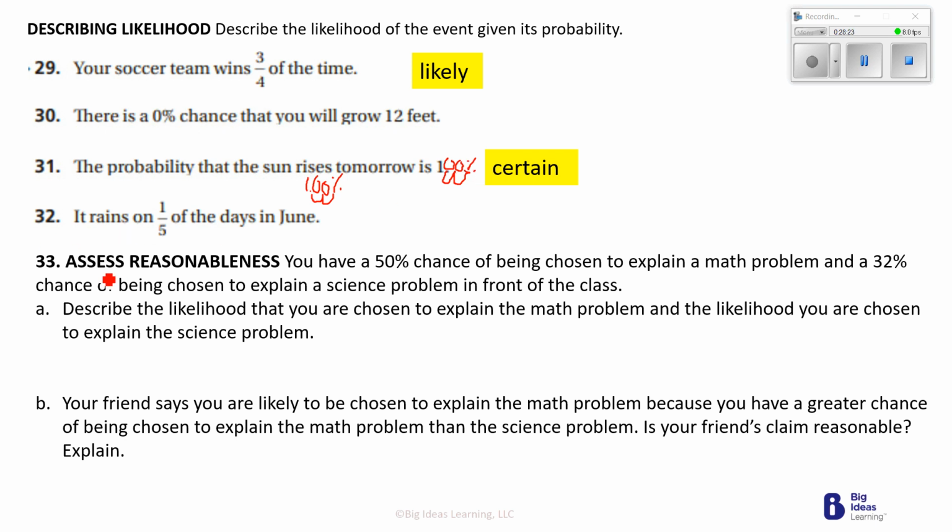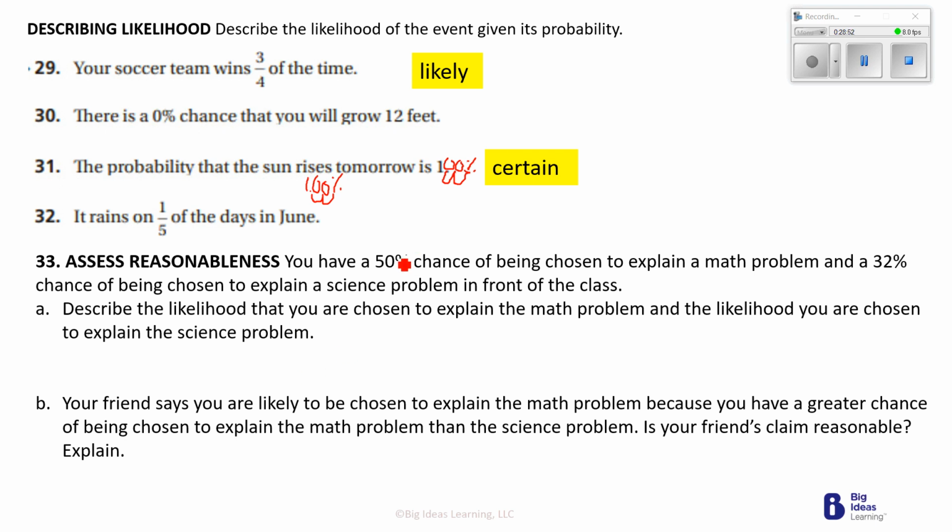Number 33 says you have a 50% chance of being chosen to explain a math problem and a 32% chance of being chosen to explain a science problem in front of the class, all right? Describe the likelihood that you are chosen to explain the math problem and the likelihood that you are chosen to explain the science problem. Well, you have a 50-50 chance, right?